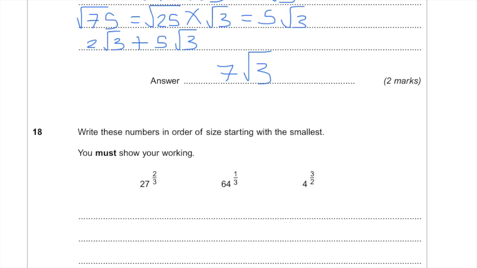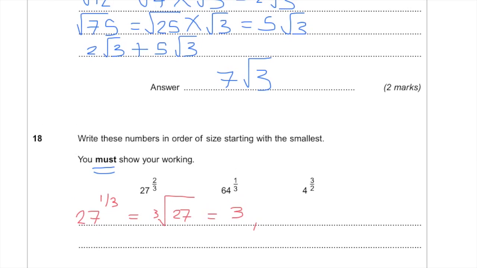Question 18. Write these numbers in order of size, starting with the smallest. You must show your working. So we're going to start off with 27 to the power of a third, which is the cube root of 27, which is 3.